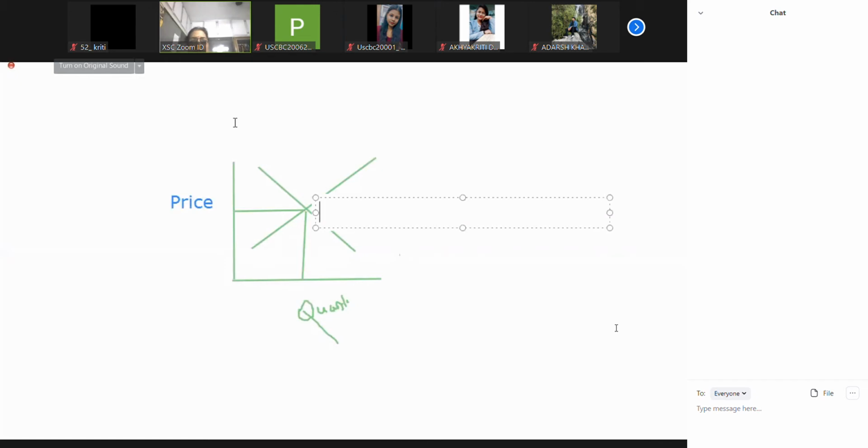Why will there be no equilibrium if the price is different? Suppose the price is P1, which is high. You can take two situations: one where the price is P1, and another where the price is P2. Let us see what will happen.